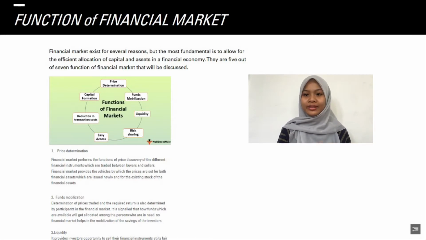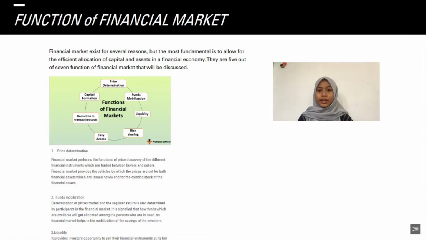Next is fund mobilization. Fund mobilization is how the fund is allocated among the person who are in need or raise the fund through the means of issuing financial instrument in the financial market. And the last one of the financial market is easy access. What is easy access?